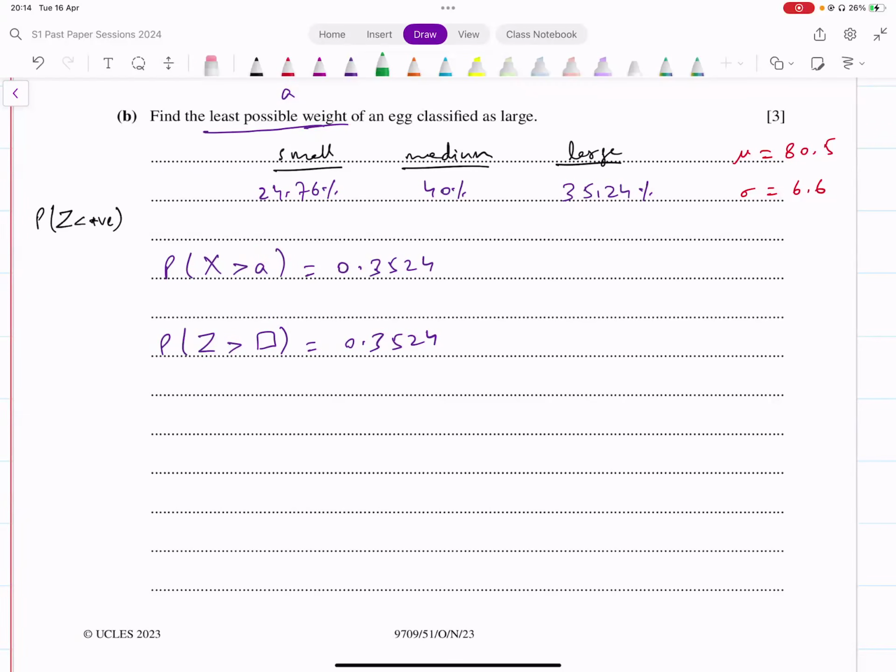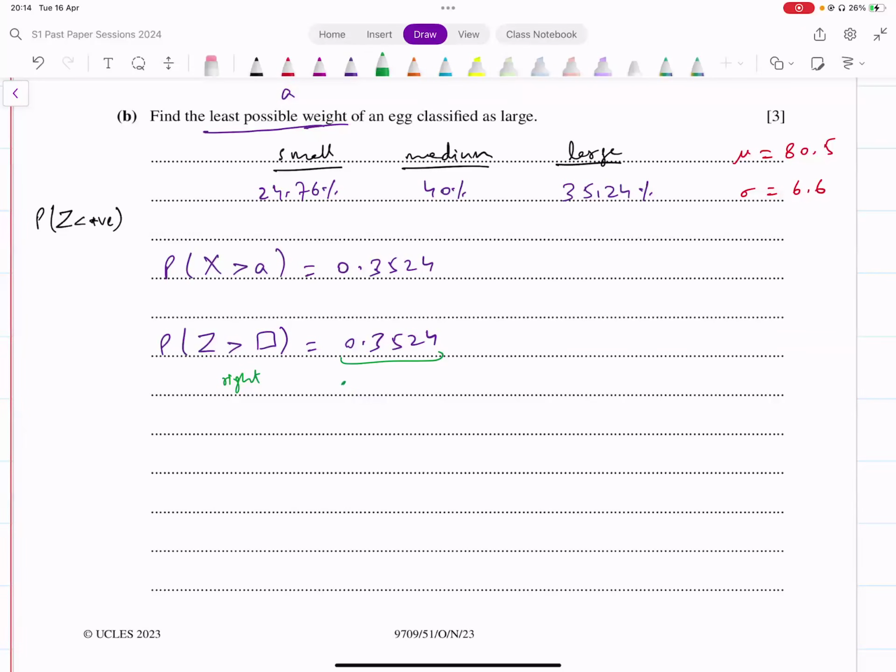How do you figure that out? It's greater than sign. So basically, you say the area to the right of the z value, is that more than 0.5 or less than 0.5? This is less than 0.5.